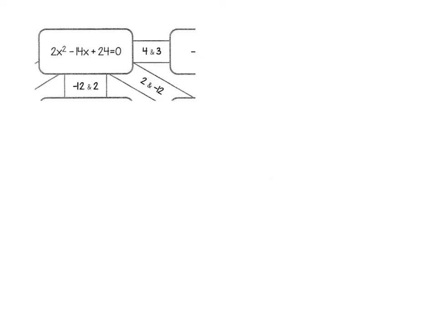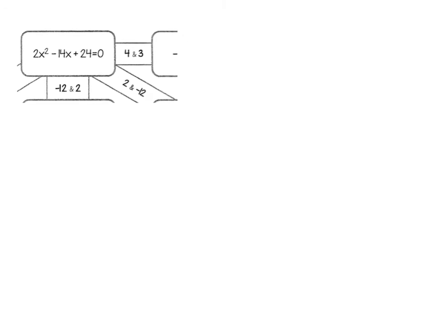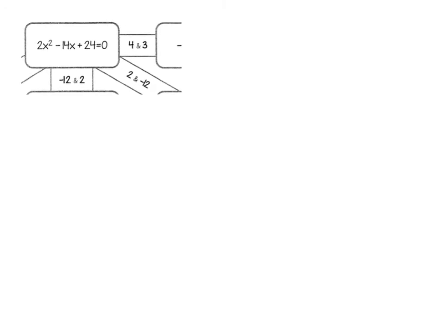Alright, the second one, I've got an A that is 2, a B that is negative 14, and a C that is 24. So now negative B is going to be positive 14 plus or minus the square root of B squared.